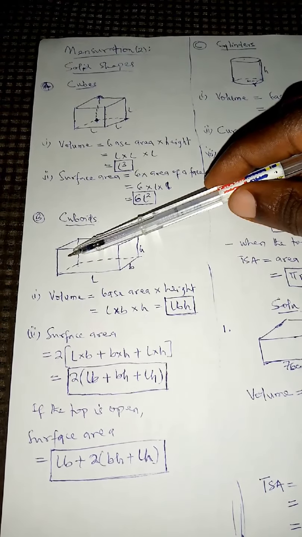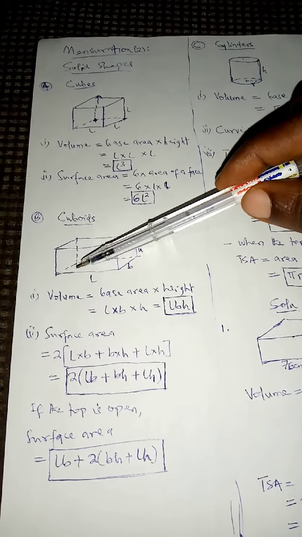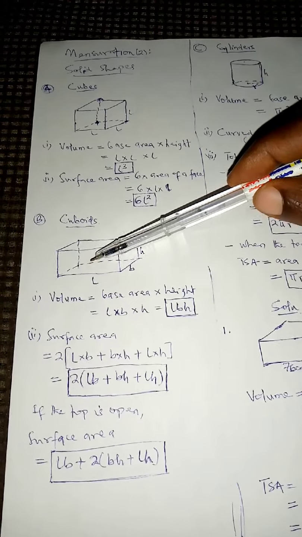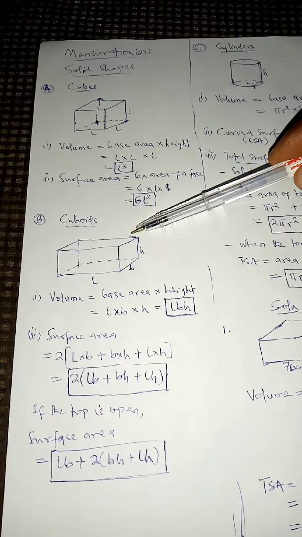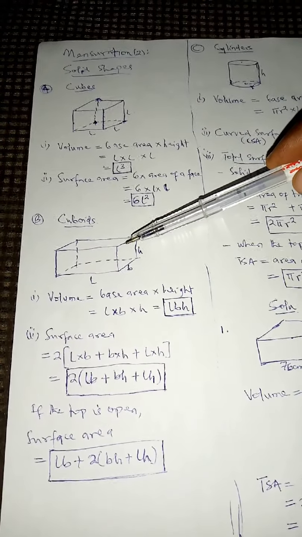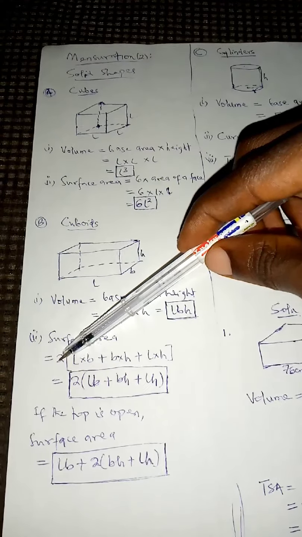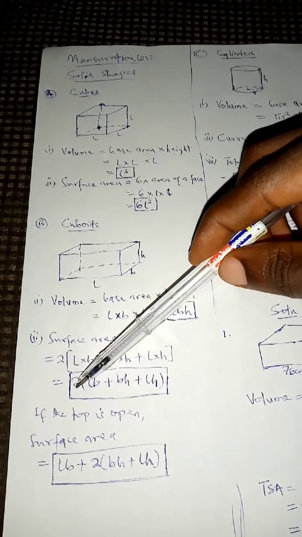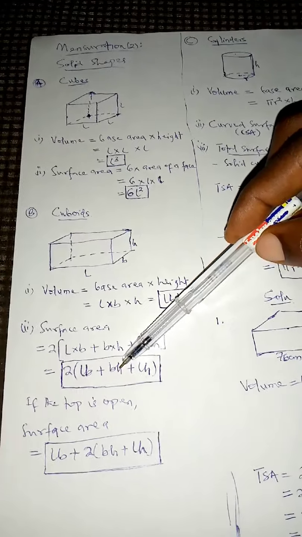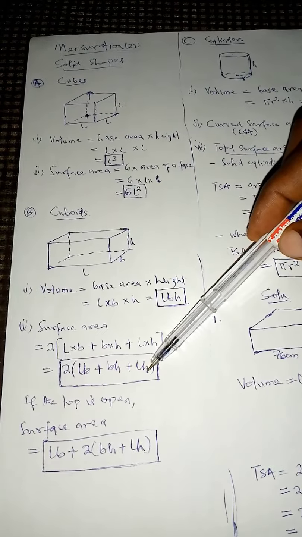Get 1 and multiply by 2. The side facing me here, the one with length and height, LH, and the one at the end behind here, LH, they are equal in area. Get one of them, then you multiply everything by 2. That's why the surface area becomes 2 open bracket LB plus BH plus LH.